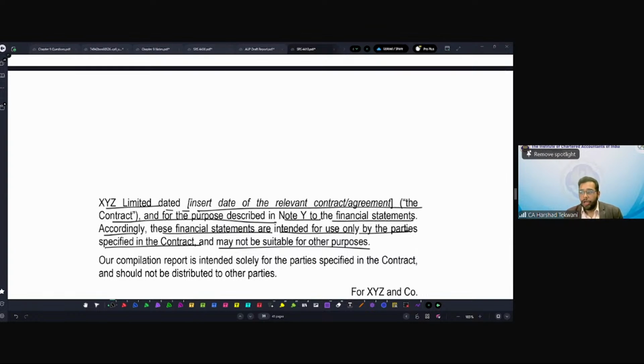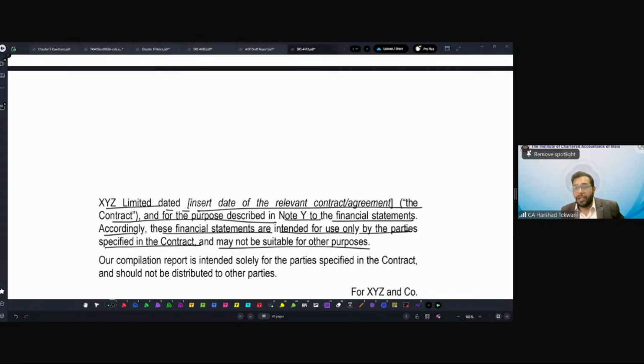Now, what is audit, assurance and other attestation services? If you see the definition, it includes engagements as per the Standards on Auditing, engagements as per the Standards on Review Engagements, other assurance engagements as per the Standards on Assurance Engagements, SAEs, SREs, SAs, and guidance notes.